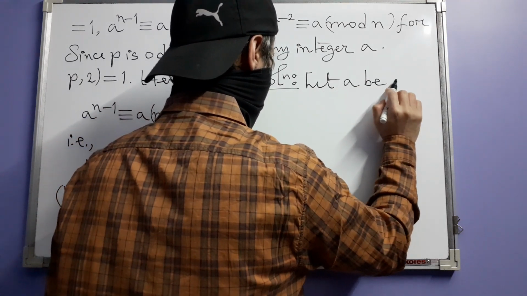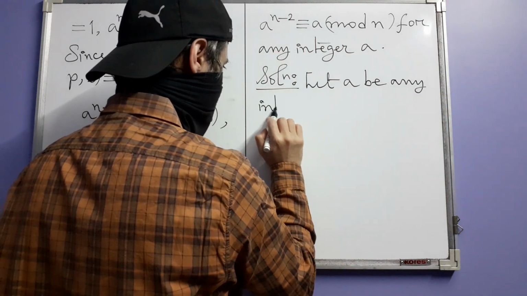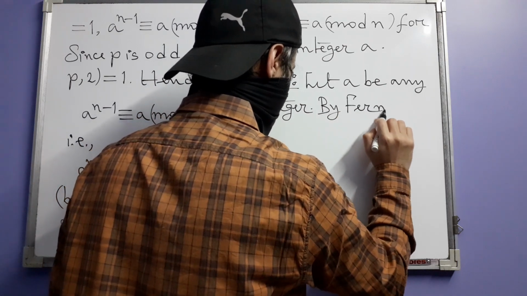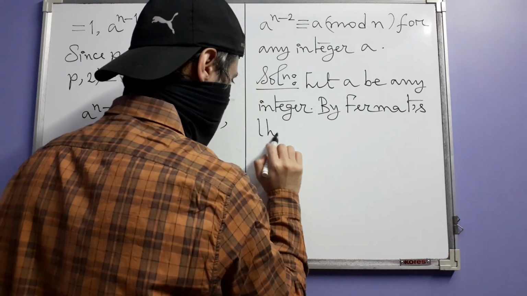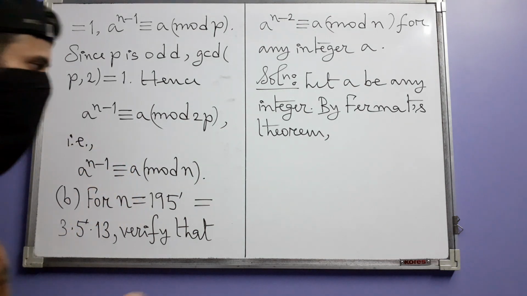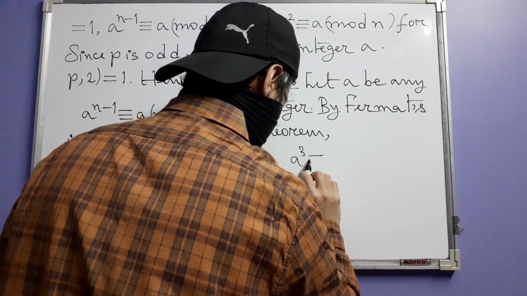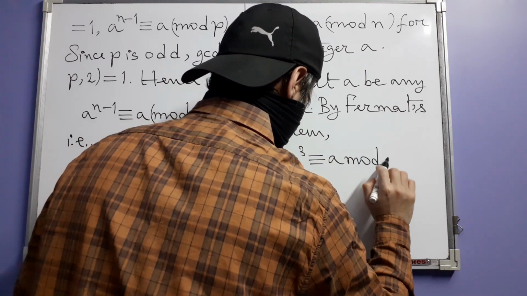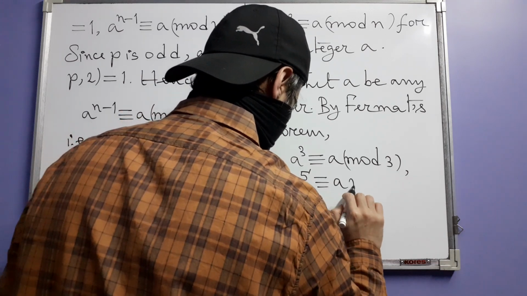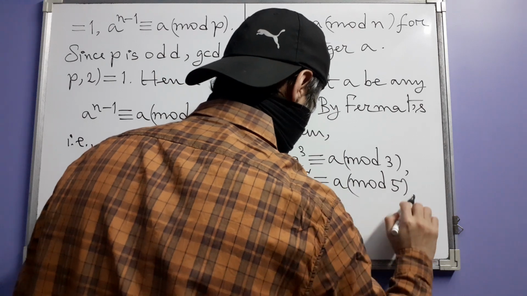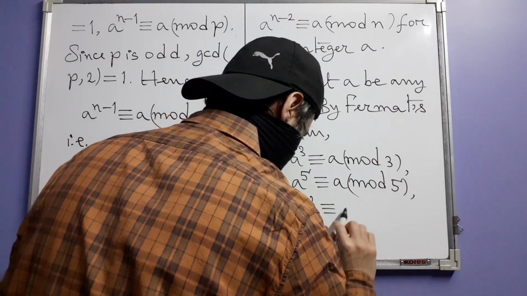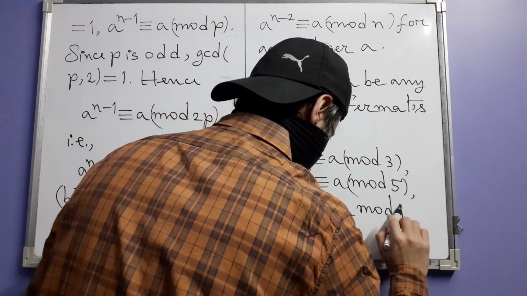Let a be any integer. By Fermat's theorem, we are now going to have three congruences. a cube is congruent to a modulo 3. a to the power 5 is congruent to a modulo 5, and that one is 13, mod 13.